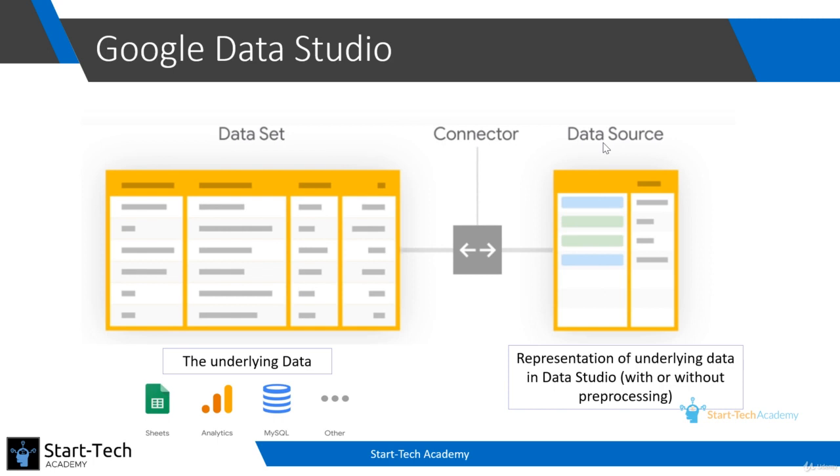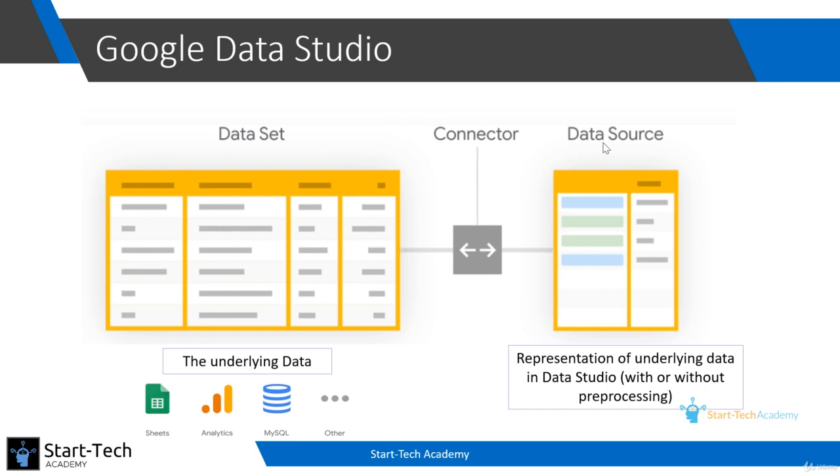In your data source, you can pre-process the data set and add or delete some of the columns or fields from your original data set, which can be used in your report. So in the coming lectures, we'll be creating some new fields, and those fields will not become part of the original data set, but they will be part of the data source.